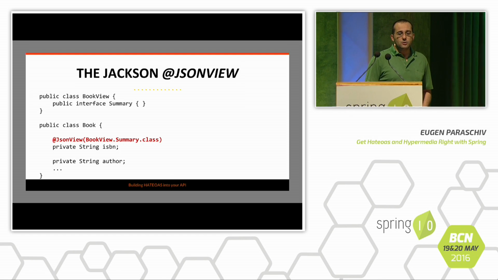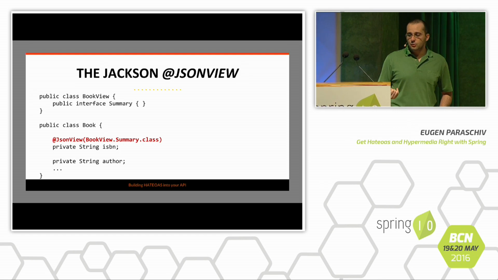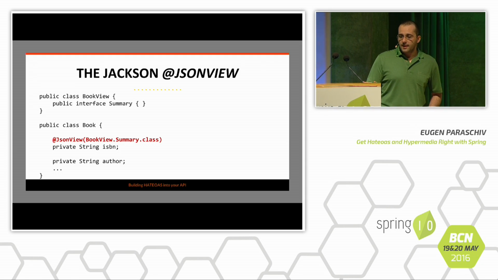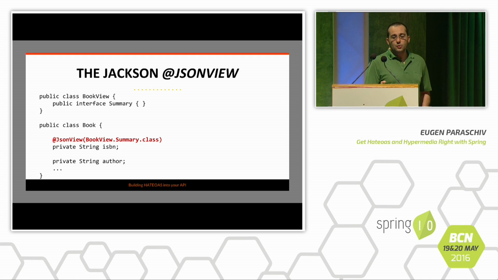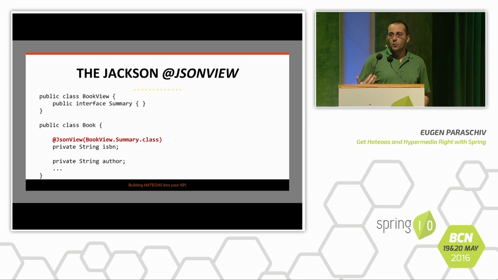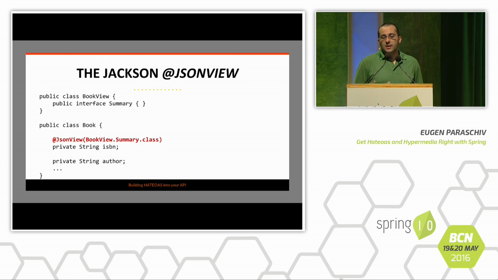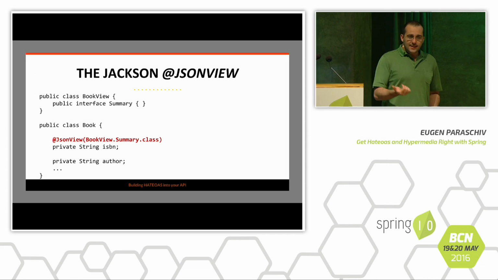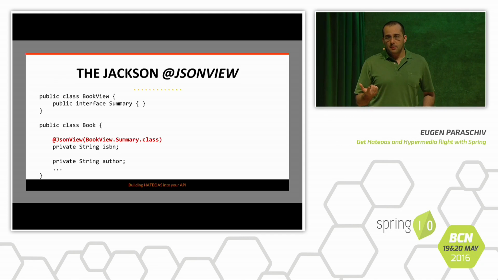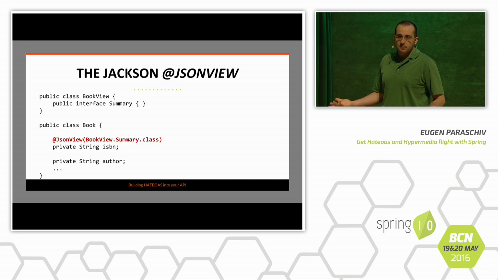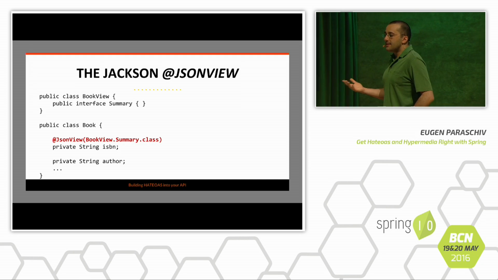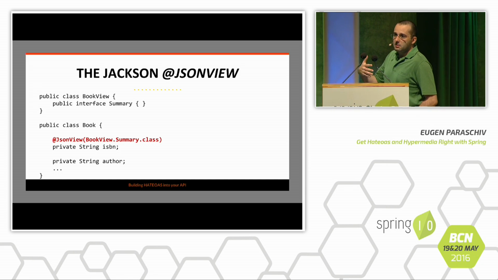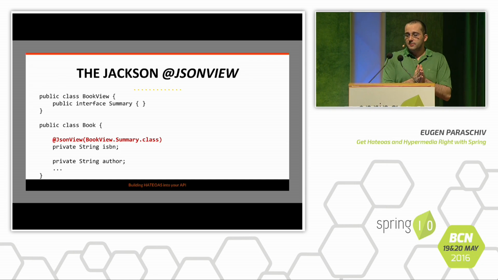The simple way to do it is we can define a view. In this case, we have this summary view. And then we can use that view just on the fields that we want to be part of that view. So if we've defined this summary view, we now want to say, OK, the ESBN is part of the summary view, because it's a critical part of the book. But maybe the synopsis of the book is not part of it. Maybe other less important fields are not part of the summary.